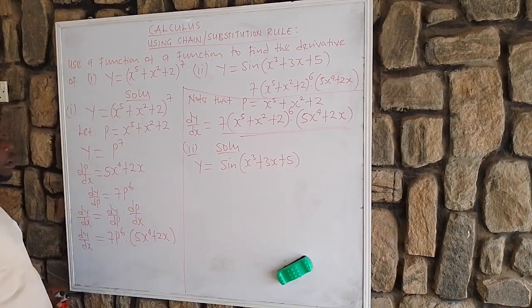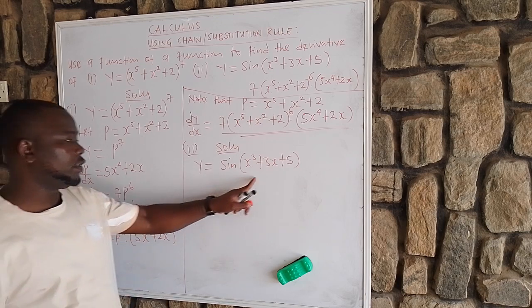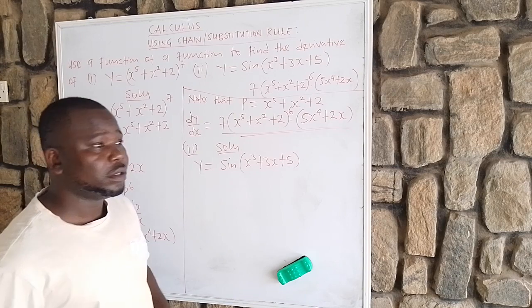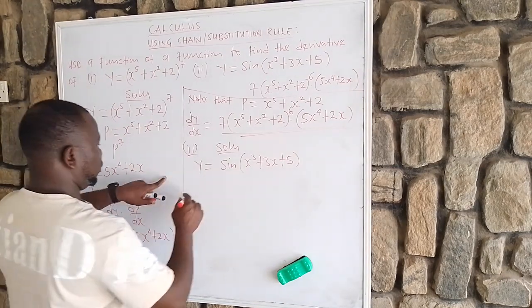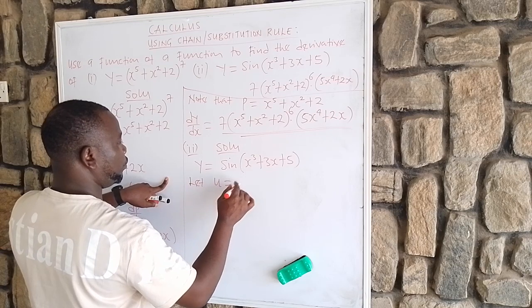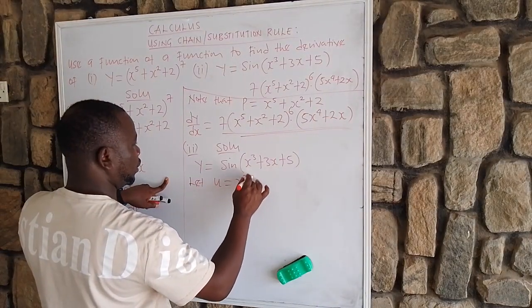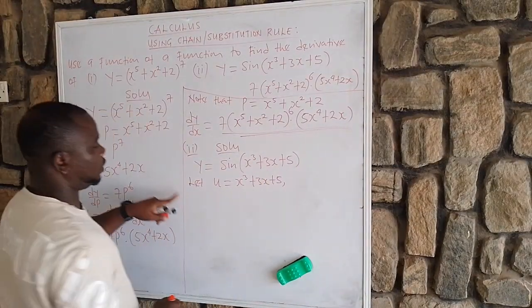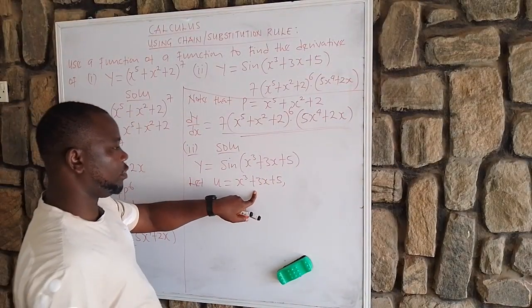I will also apply substitution here, then that will lead us to the chain rule. So we'll say, let u be equal to x raised to the power 3 plus 3x plus 5. So let us differentiate this function with respect to x.